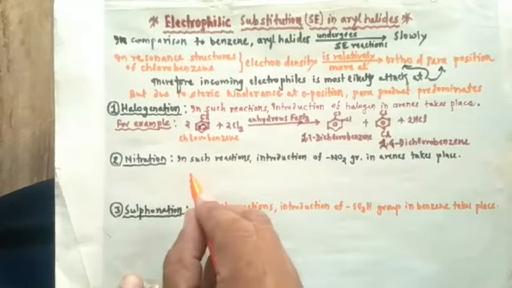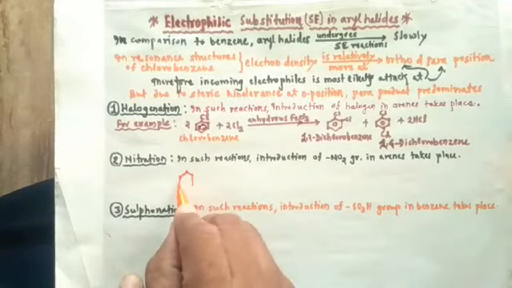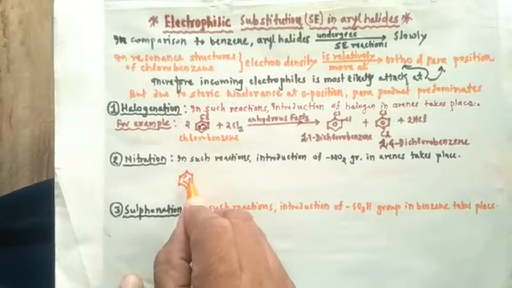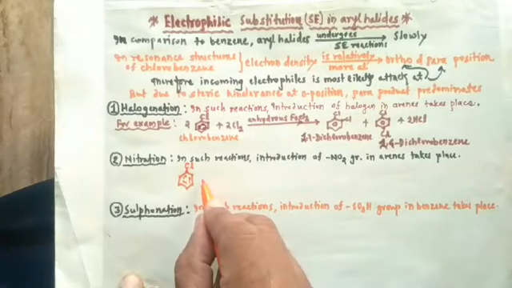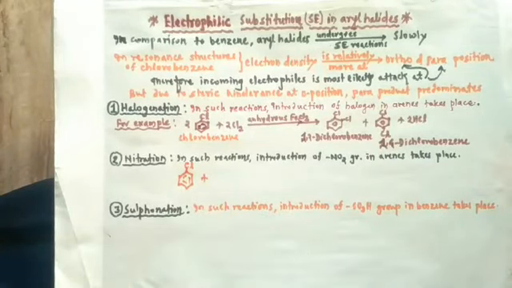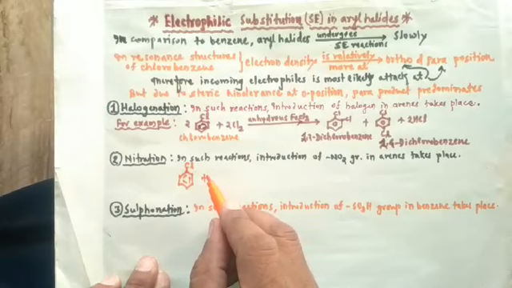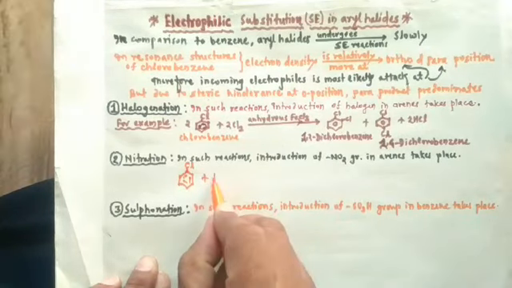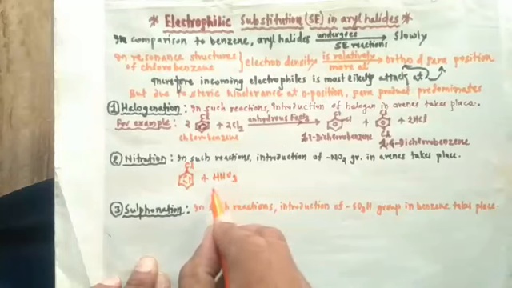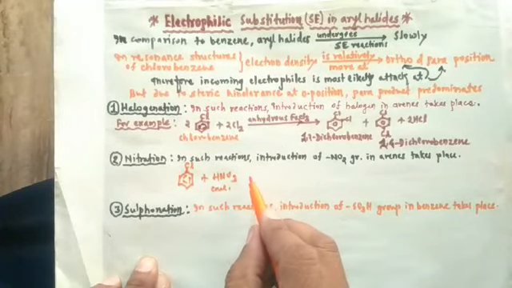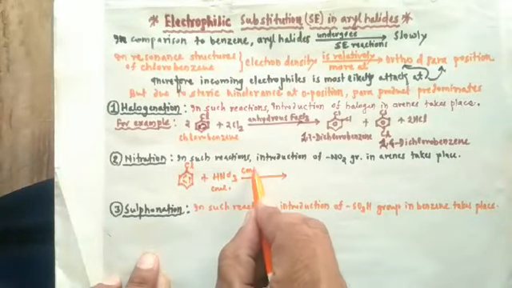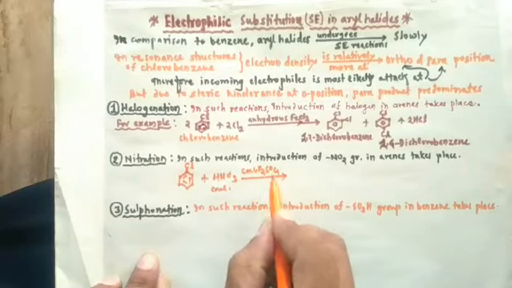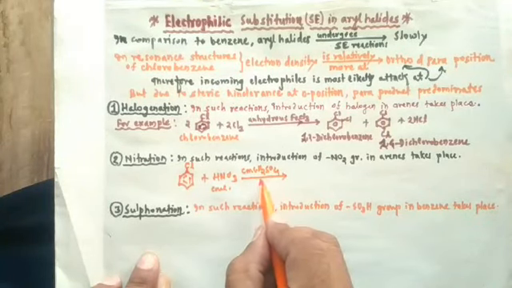So when chlorobenzene is reacted with nitrating mixture, that is concentrated nitric acid, and here concentrated H2SO4 acts as a catalyst.